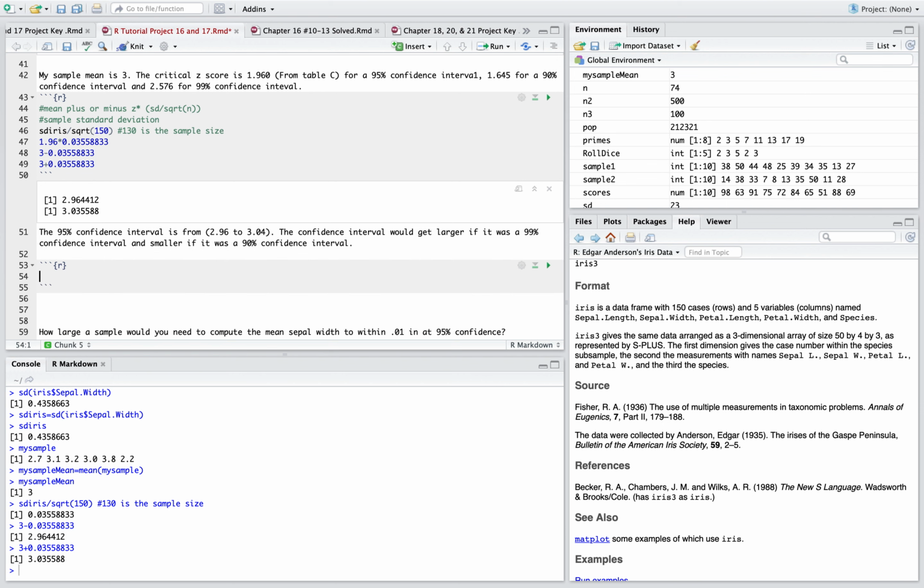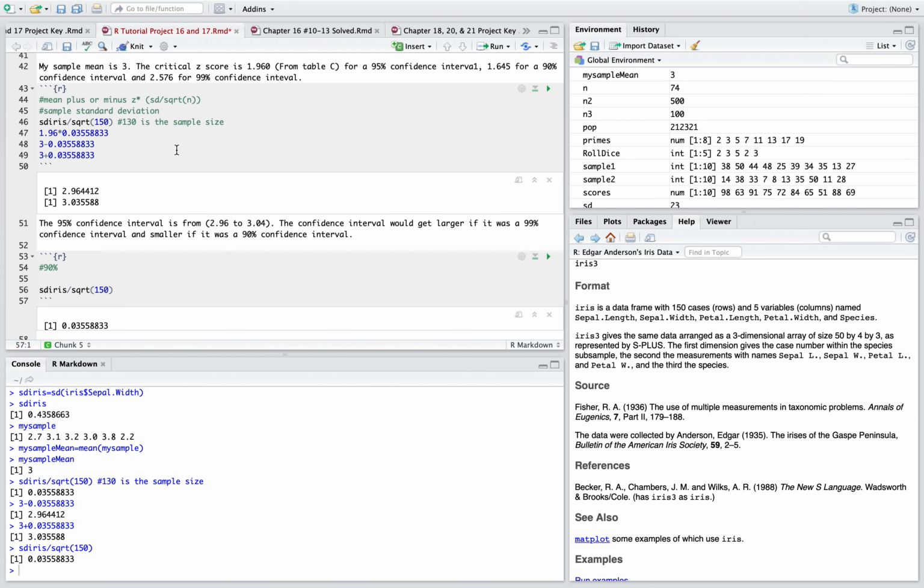So this will be the 90% confidence interval. I'm going to take my standard deviation for my iris divided by the square root of the entire sample size. And I got what I got above, right? But now I need to take that times my z critical, which for a 90% confidence interval is 1.645.